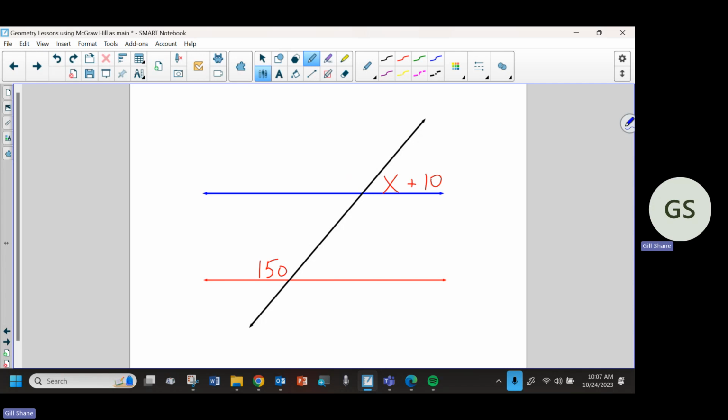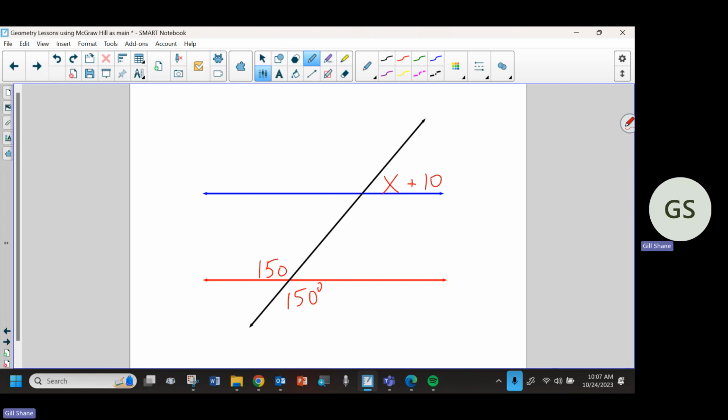Or the other way you could do it is say, well, relative to this angle here, what other angles are 150? Just tell me that. So we know that one, right? That's an easy one. So this top, or this top?